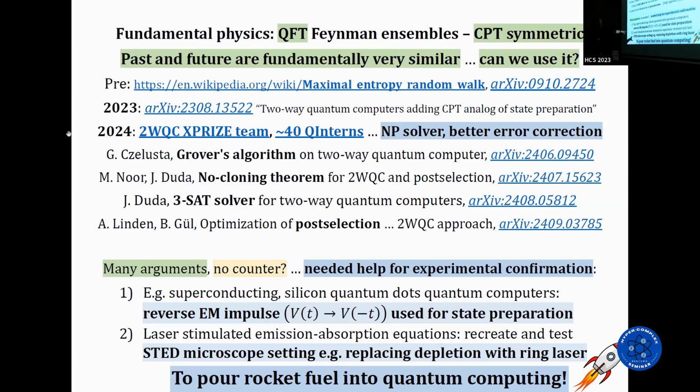And there are a few experiments with lasers I will talk about. So if somebody could help, let me collaborate with them. If successful, it would make quantum computers much more powerful, more stable, and in theory able to attack problems.